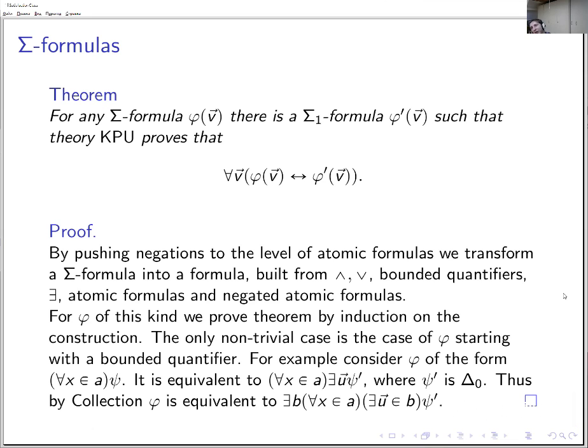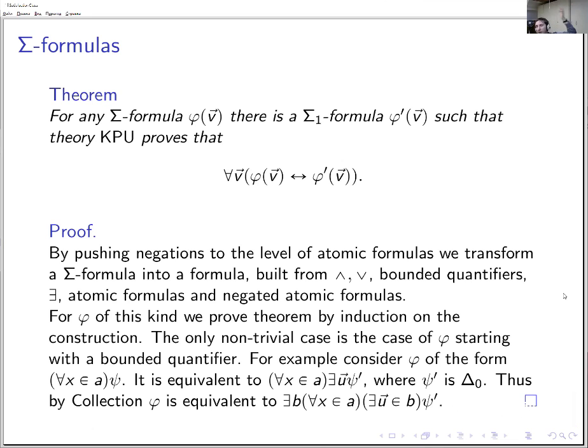Okay, so how is it proved? It's rather easy. First of all, let's deal with negation and implication. We eliminate all negation and implication from the formula by pushing negation down to the level of atomic formulas. First we express implication in terms of disjunction and negation, and after that we use De Morgan's laws to push negations to the level of atomic formulas.